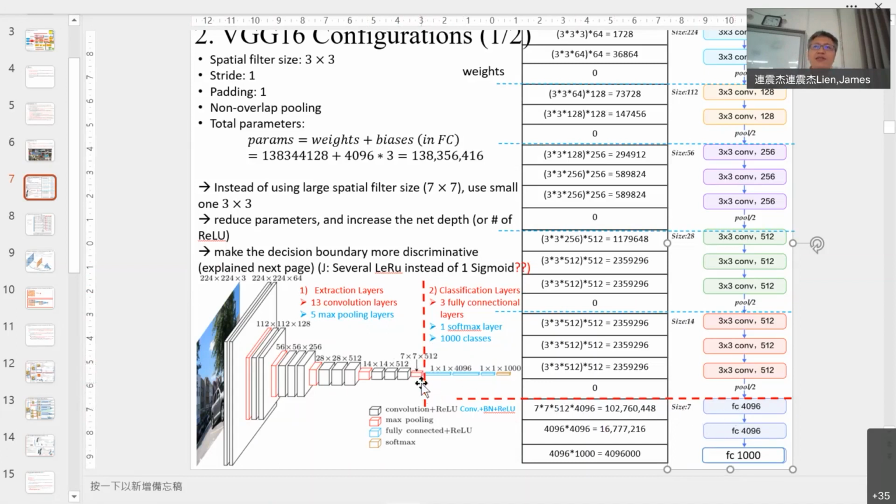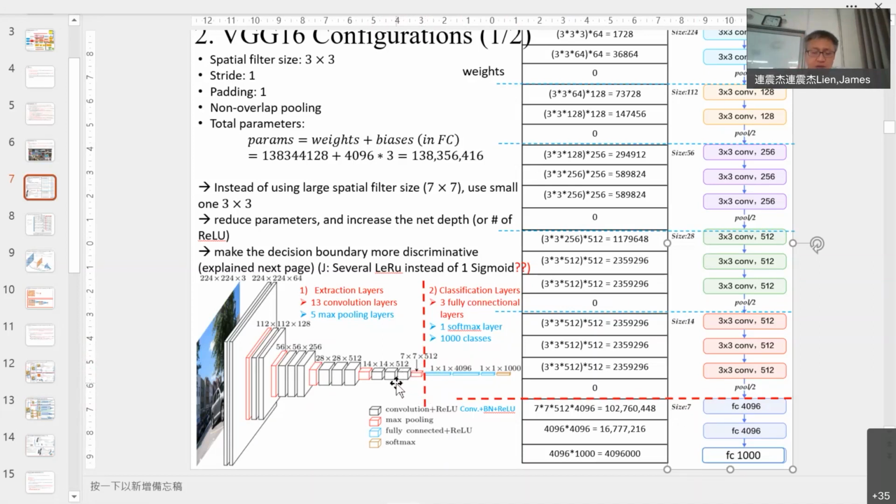flatten，就把它拉成 1D 的 flatten，然后 fully connection。那这 flatten 参数很大哦。If you do flatten here, your parameters is 7 by 7 by 512, so they have a lot of parameters. So if you do 14 by 14 by 512, even larger.